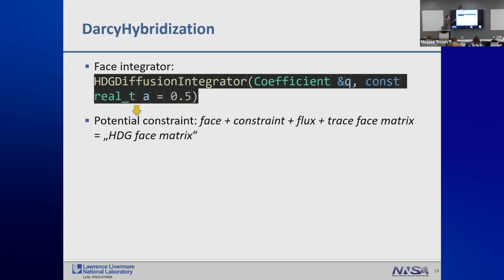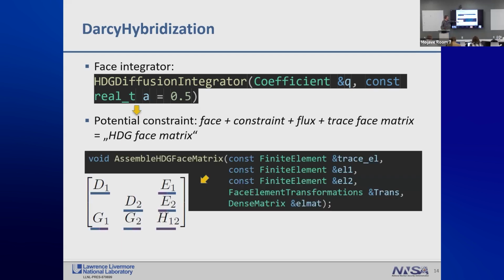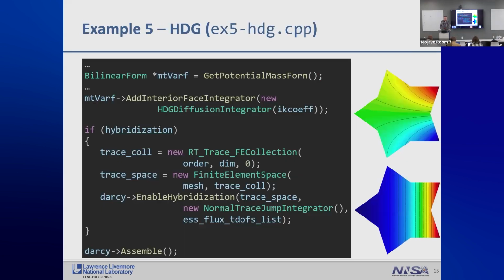So instead of just the face matrix, which is classically constructed, it now constructs what I call the HDG face matrix, which combines the face matrix with the constraint and also the flux and trace matrix stabilization. But from the user perspective, you don't need to care much about these internals. And again, you may use a single line enabling hybridization.